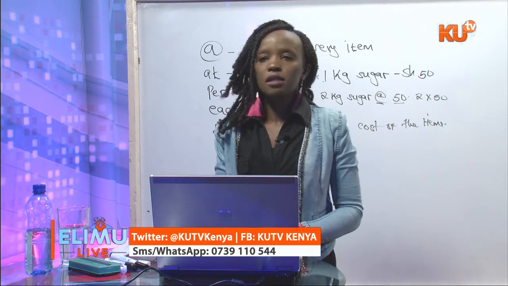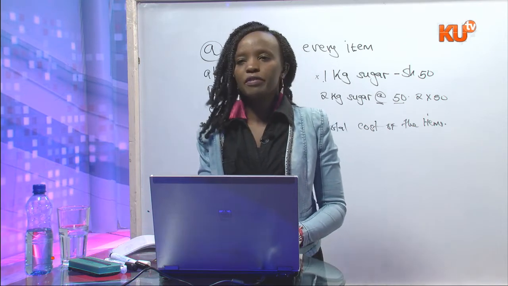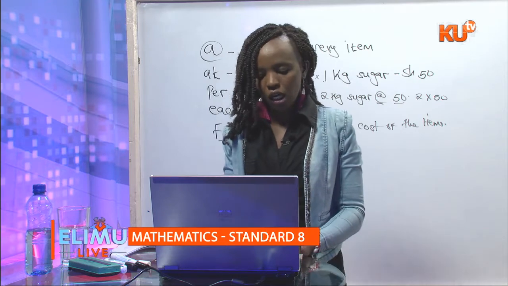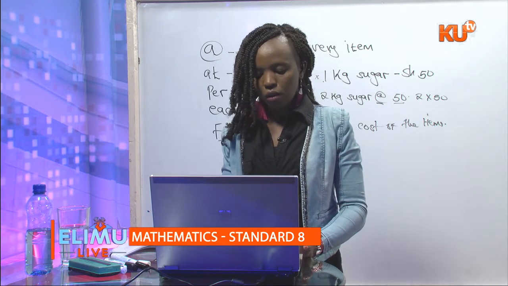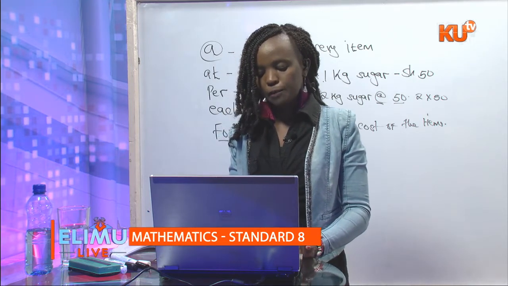So you can see that in this subtopic, it is very, very important to have mastered how to calculate and how to get balance and how to prepare these bills.